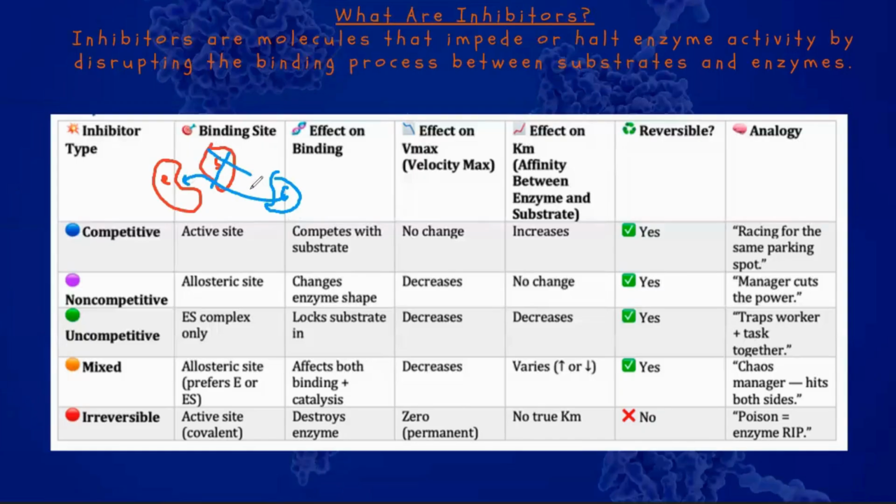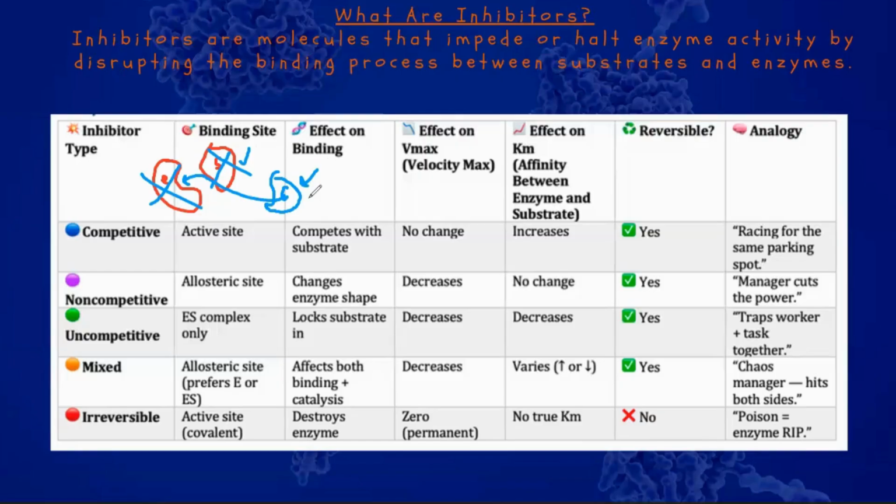And instead of the substrate actually attaching, the competitive inhibitor attaches to this enzyme. What that means essentially is that this enzyme will not work because the appropriate substrate did not attach. Instead, the competitive inhibitor did attach.